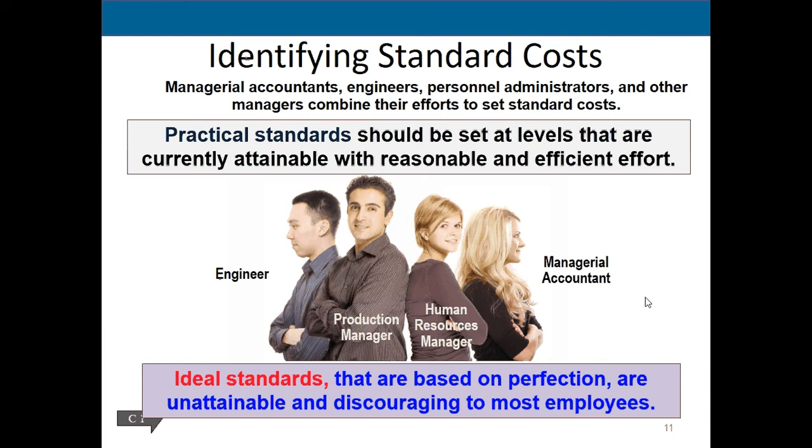Anytime anyone sits down to do a budget, everybody wants to live in an ideal world where they can make the most money and their product is going to sell for the highest amount possible, and they're going to be able to spend as little as possible to make that net income. People really like to be very ideal when they set their budgets, and it's usually just not even possible. And all that does is it brings down the people that have to rely on that budget as a guideline, because they just can't reach that goal.